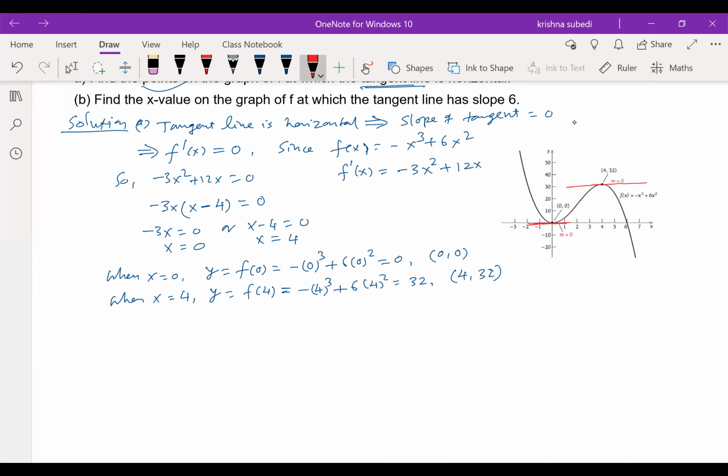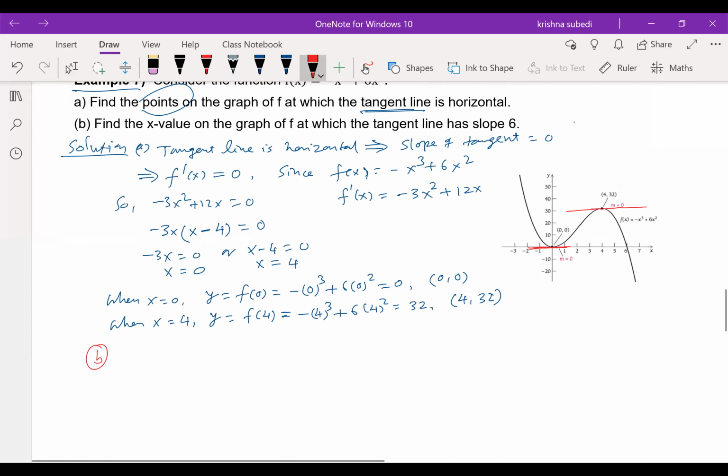Now let's look at part B. In part B, we want to find x values on the graph of f at which the tangent line has slope 6. So what that means is the tangent line has slope 6, which means the derivative is 6.